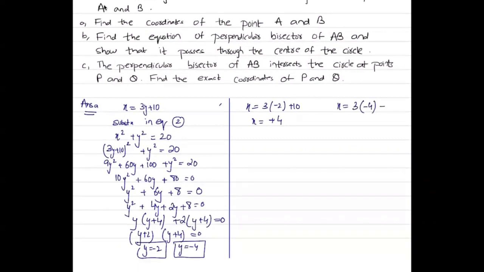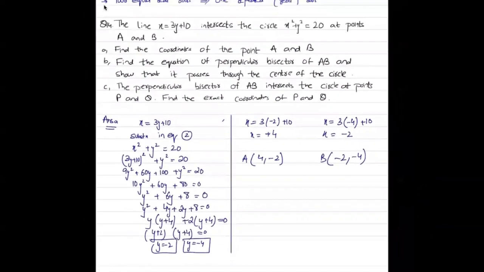When y is -4, x is going to be -12 plus 10, that is -2. So the points of intersection are 4 comma -2 and -2 comma -4. Okay, that's your point of intersection.